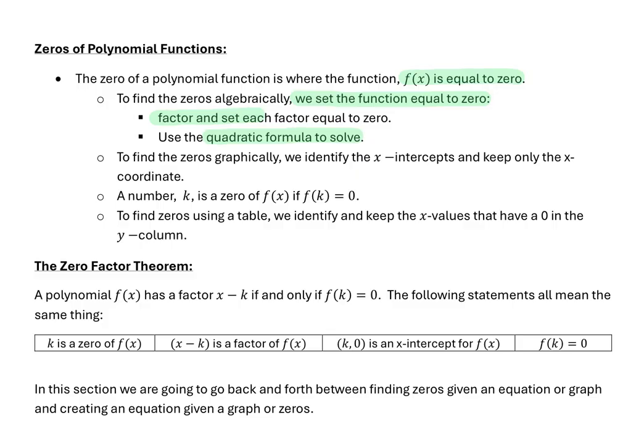In the previous modules, remember that we can also talk about zeros graphically. When we look at the zeros graphically, we are looking for the x-intercepts. And remember that we keep only the x-coordinate.